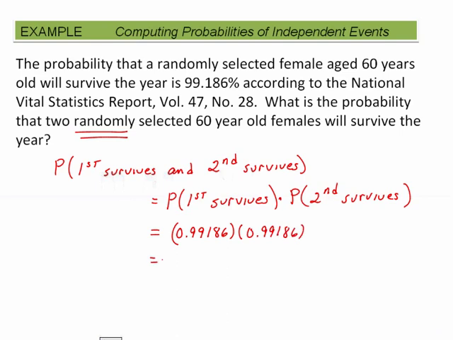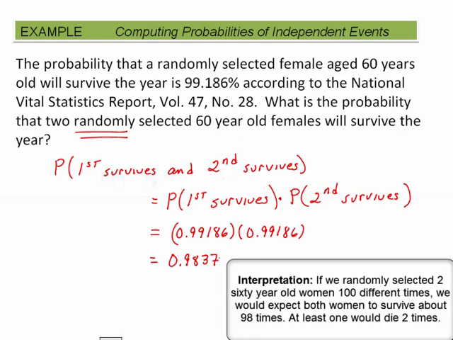And if we find that product, what do we get? 0.9837. So essentially, if we randomly selected 100 pairs of women, we would expect about 98 times that both those women would survive. 2 of the times, at least one of the women would not survive.